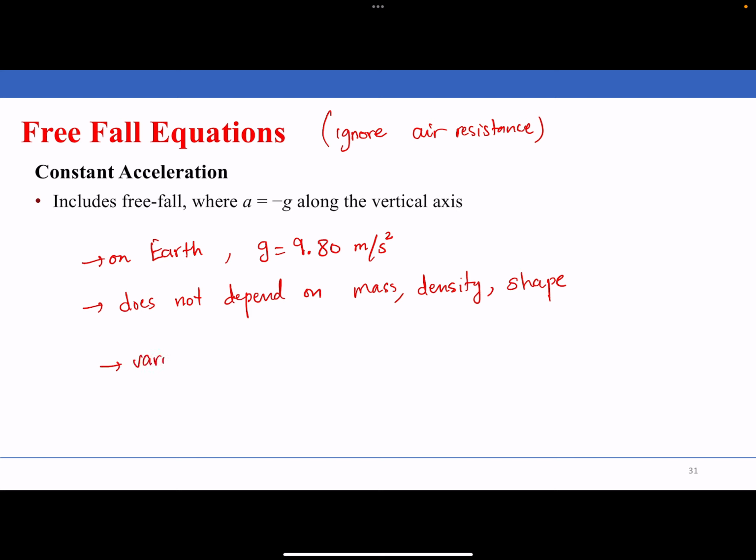It does vary, the value of g, which is 9.8 meters per second squared. It changes with latitude and elevations. So for example, the value here in Utica could be 9.83, I think, but the value in Death Valley, which is below sea level, might be lower. I don't know exactly what the value is.